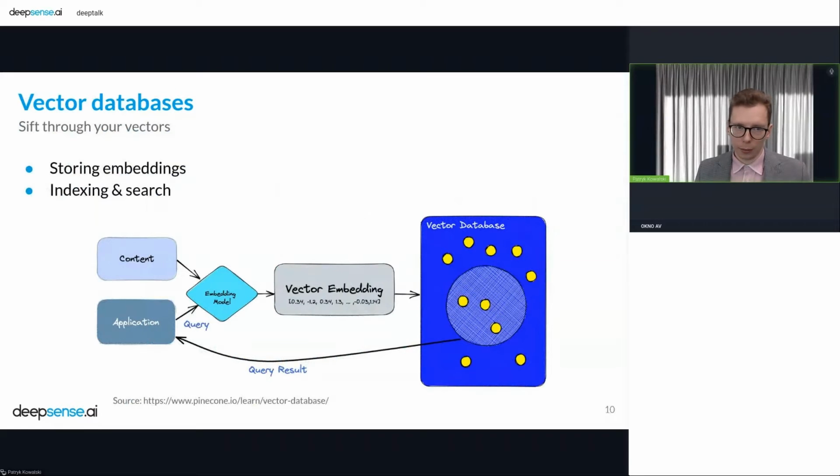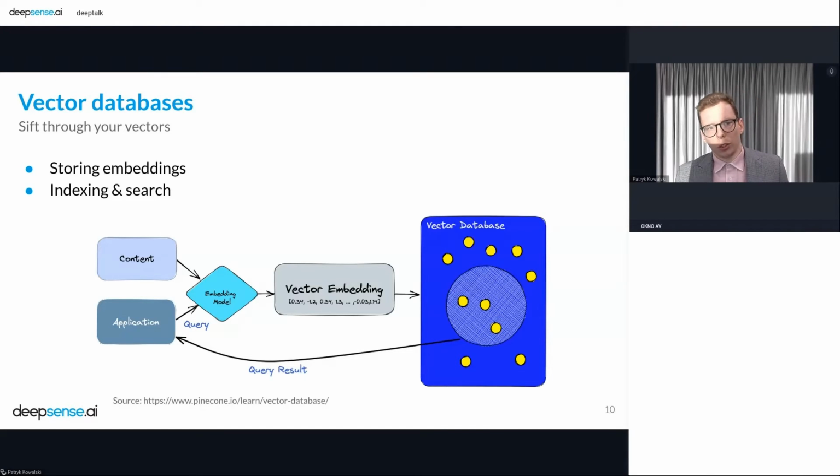Once we have our embeddings, so we've managed to change our text documents to vector representations, we need to store them somewhere, and that's what a vector database is for. The idea isn't very complex, but you typically don't want to build it from the ground up because there's a number of existing implementations already, and a lot of them are open source, so there's really no reason not to use them.